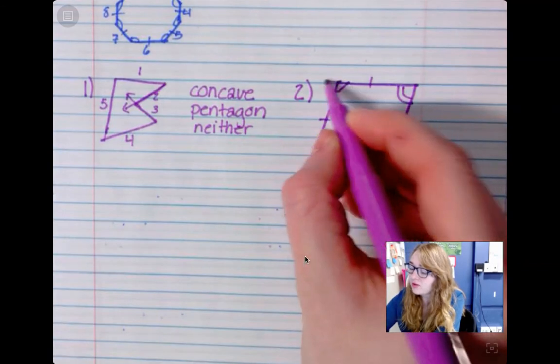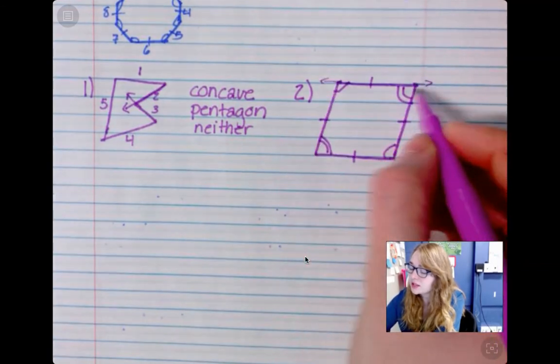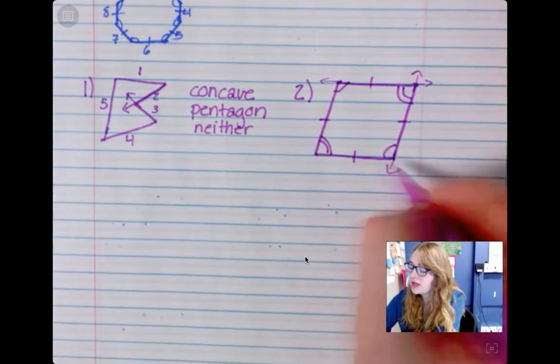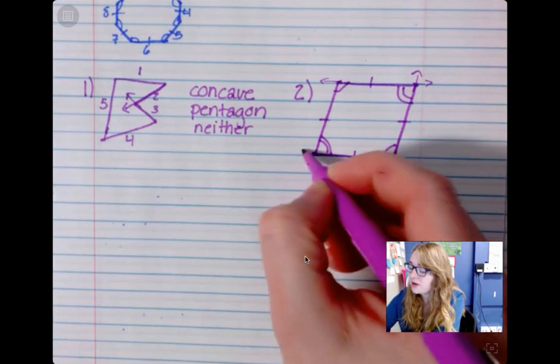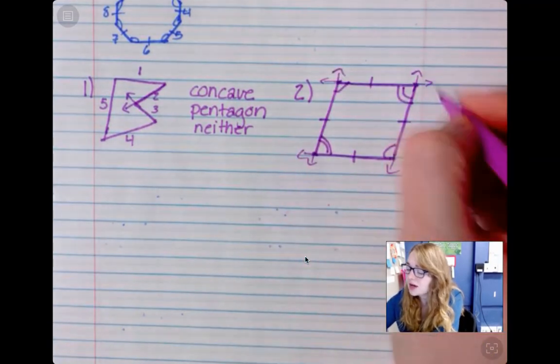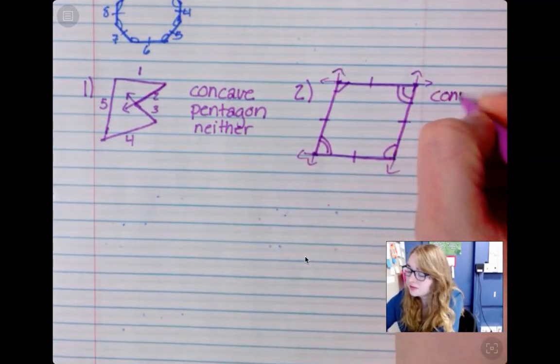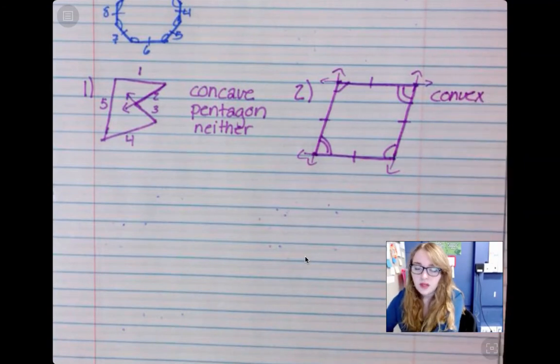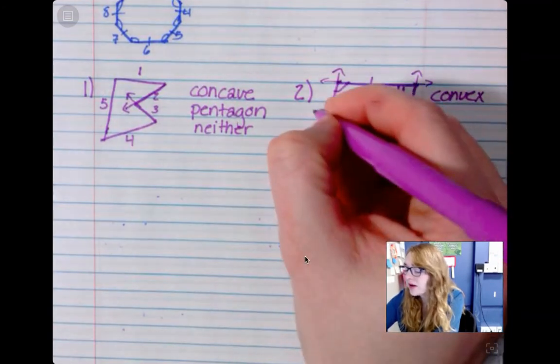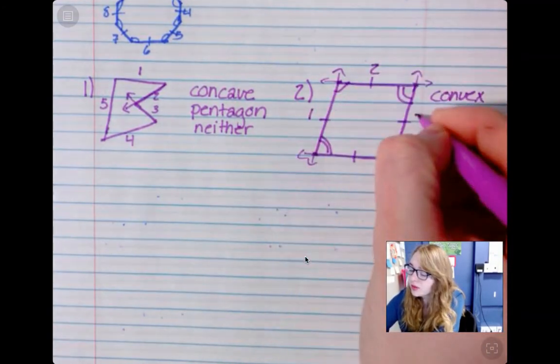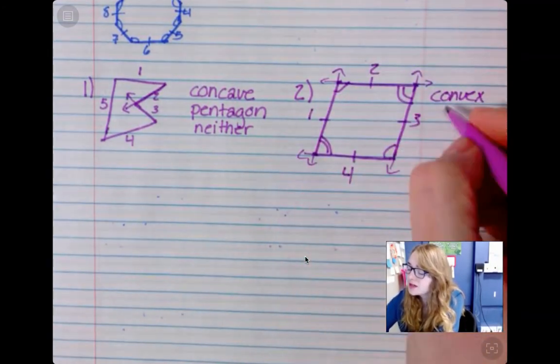No, we do not. If we follow all of our sides, none of them go through the interior of our shape, so this is convex. Second, we classify it based on the number of sides. Counting our sides, we have 1, 2, 3, 4 sides, so this is a quadrilateral.